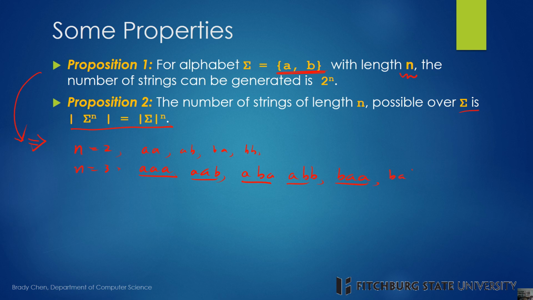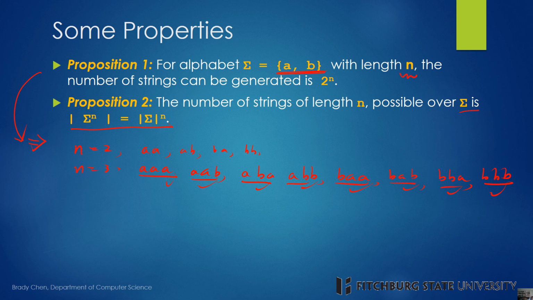Then BAB, that's the next one. BBA and BBB. How many of them? 1, 2, 3, 4, 5, 6, 7, 8. So this is more like a combinatorics problem in math. You have a certain number of elements, and you want to generate the combinations of these elements of length 3 or length 4.